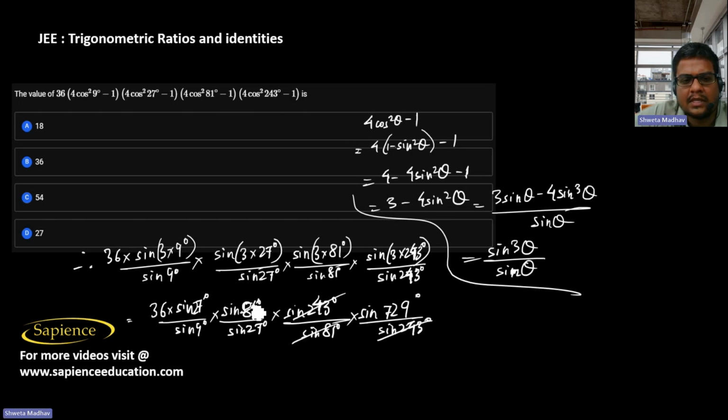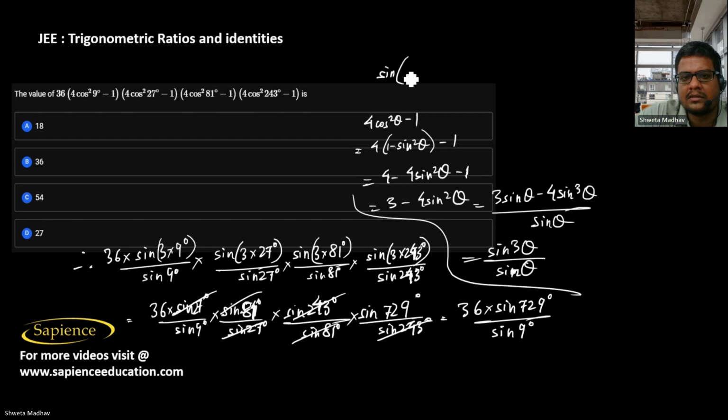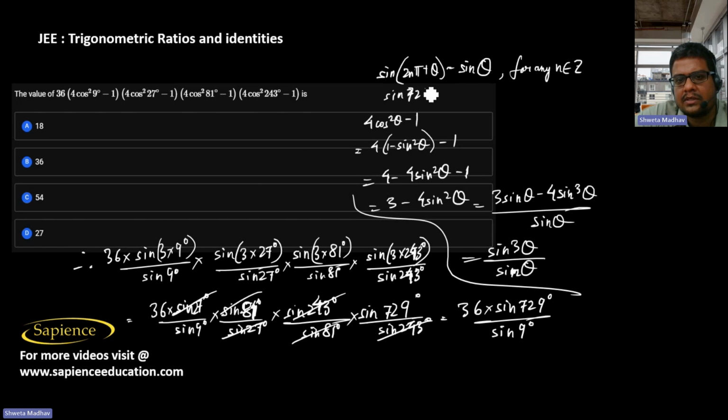Now these will cancel out. So finally we will have 36 into sine 729 degree divided by sine 9 degree. Now as we know, sine 2n pi plus theta is equal to sine theta only, for any n belonging to Z. Now sine 729 degree can be written as sine 720 degree plus 9 degree.